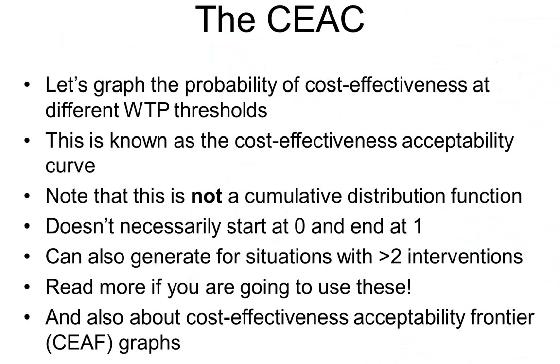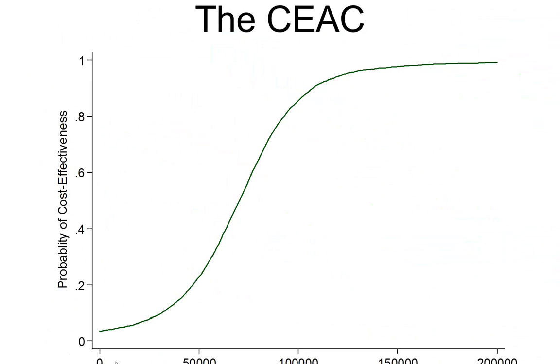We can also generate cost acceptability curves when we're comparing more than 2 interventions, but as I've said, that does tend to get more complicated, and you should really do some extra reading if you're going to do that. Particularly, in the last couple of years, people started talking about the cost-effectiveness acceptability frontier, CEAF graphs, and I haven't gone into those, but I've given you a reference for those. And those are particularly important if you're comparing more than 2 interventions.